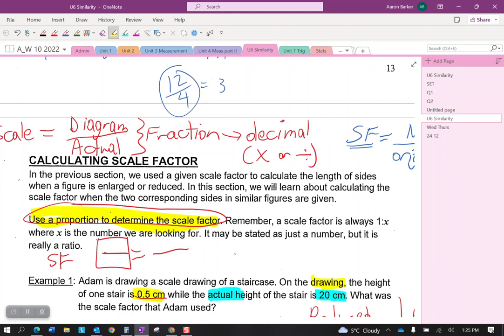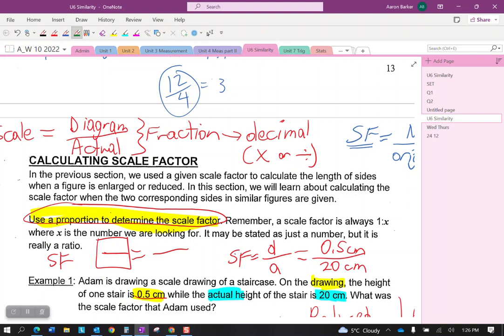So what can we do with our fraction? The scale factor equals the diagram over the actual, D over A. Our diagram number is 0.5 centimeters, and our actual number is 20 centimeters.